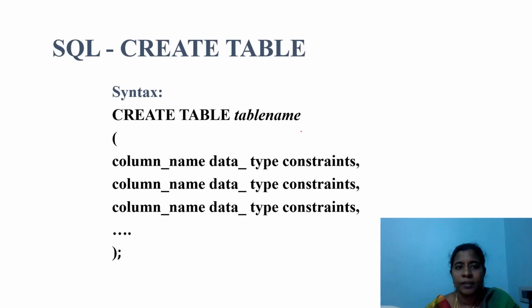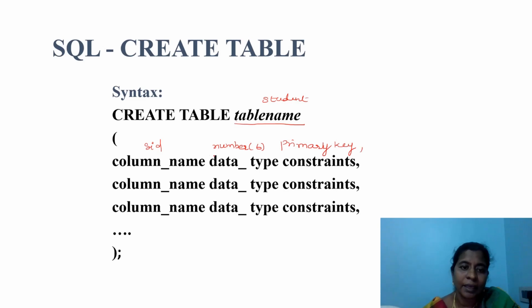So this is the syntax for creating a table. Create table name. For example, if you want to create a table called student, you can mention that table name. Or if you want to create a table called employee, you mention that. Then you have to define the column name. For example, student ID, data type may be number, then size I have to give, for example, 6. And if it is a primary key, then I have to mention that as primary key.